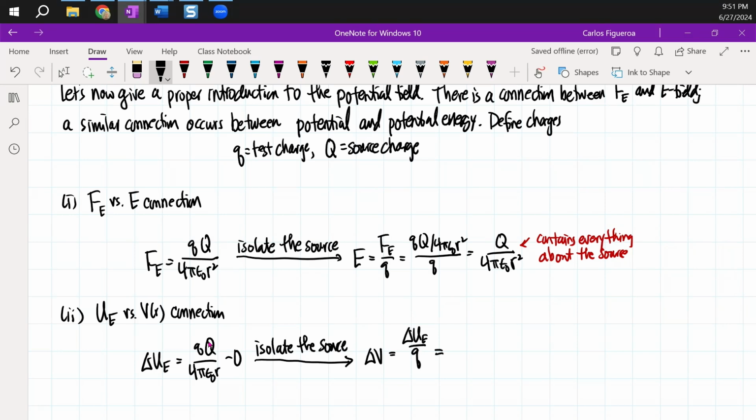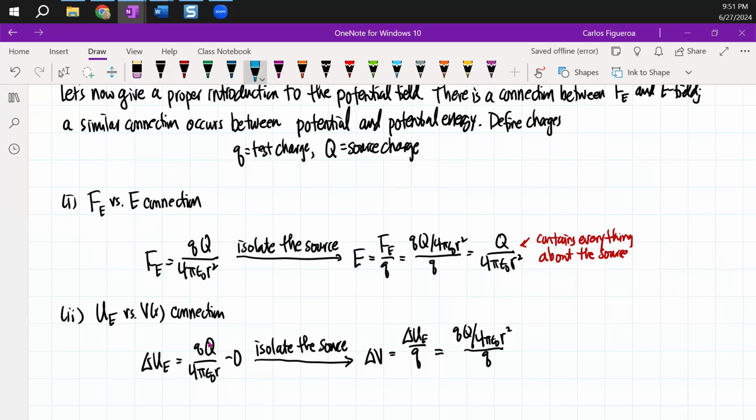So then it's the same type of thing. We have Q, big Q, and then we have almost the identical expression, which will be 4 pi epsilon r divided by little q.